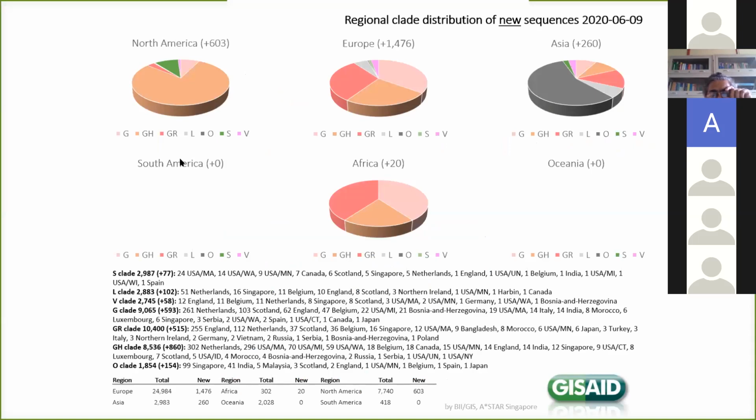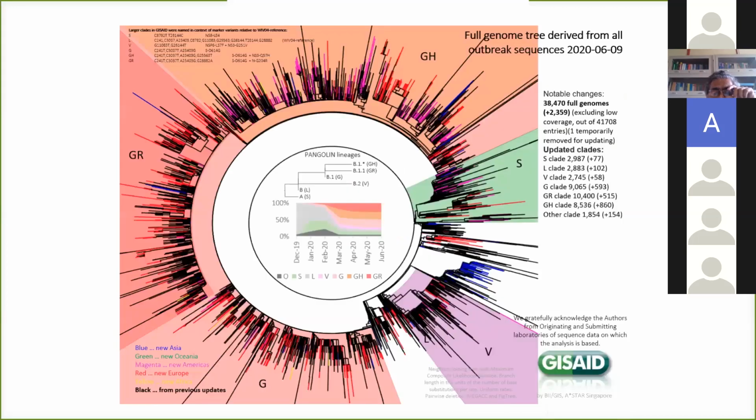As you can see from the slide, there are different clades labeled G, GH, GR, L, O, S, and V. The majority from North America are GH. From Asia, it is really the O clade. As from the previous speakers' wonderful lectures, we obtained some partly from Europe.